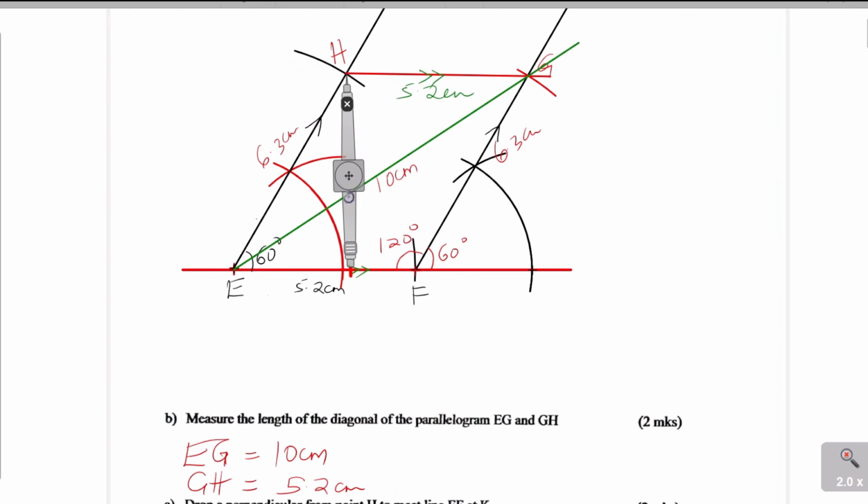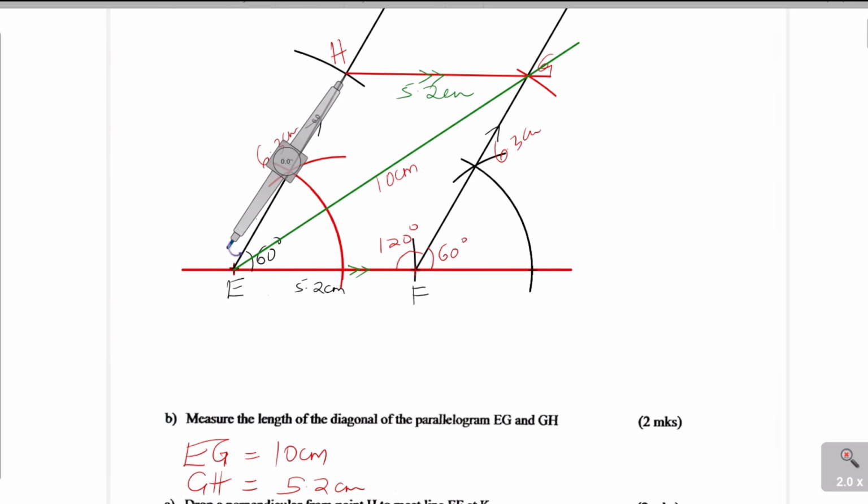Then make sure you mark two arcs on line EF, even if it is an extended line EF. Standing at H, mark two arcs on line EF. Sometimes you will need to extend EF in order to mark those two arcs.